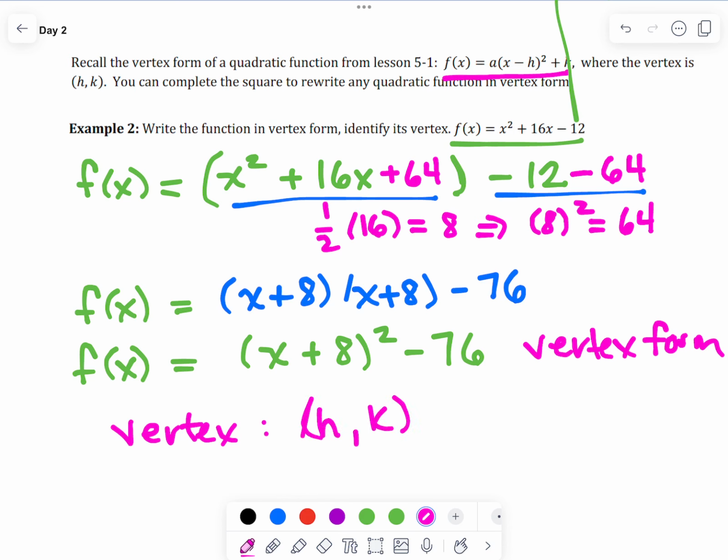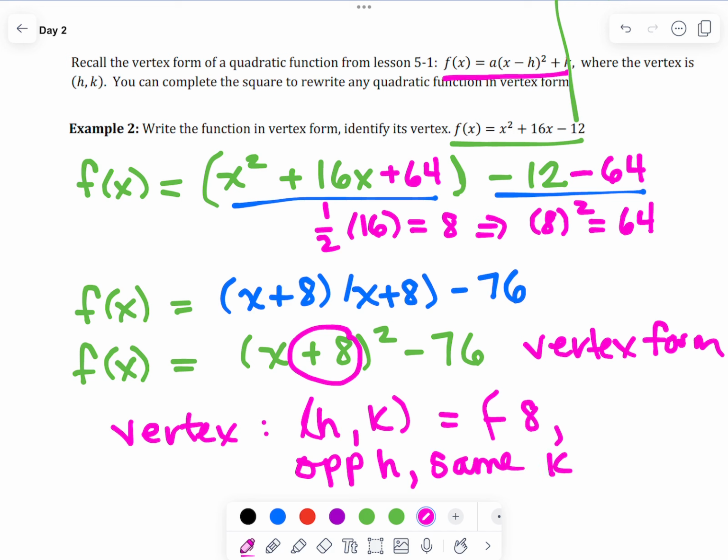Now we have to be very careful here. This right here is our h, but we have to take the opposite sign of it, if you remember that from earlier in our chapter. So it's going to be negative 8, just the h. So I say opposite h, same k. And then here's our k, which is negative 76. So we have identified the vertex form and what the vertex will be.